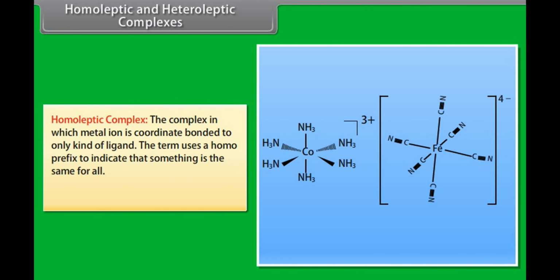Homoleptic and heteroleptic complexes. Homoleptic complex. The complex in which the metal ion is coordinate bonded to only one kind of ligand. The term uses a homo prefix to indicate that something is the same for all. For example, [Co(NH3)6]3+ and [Fe(CN)6]4-.